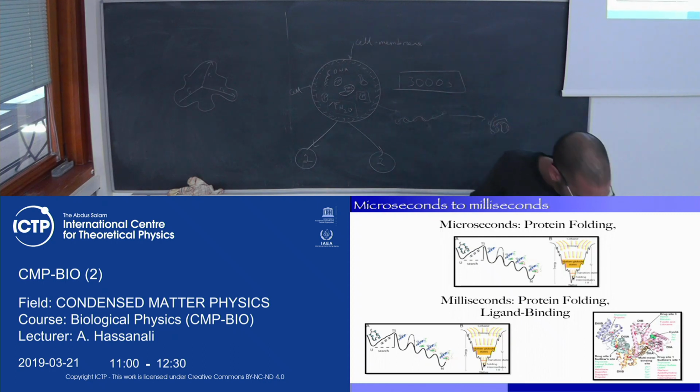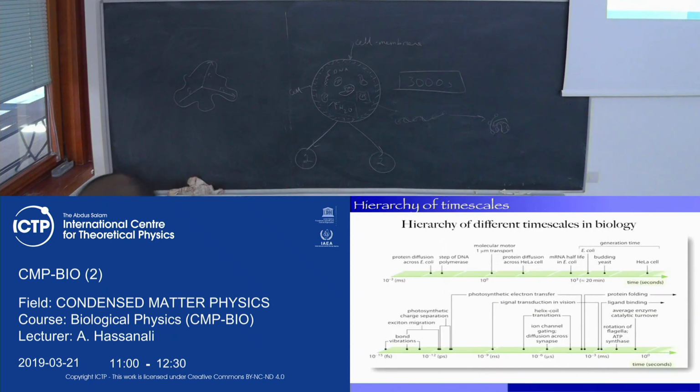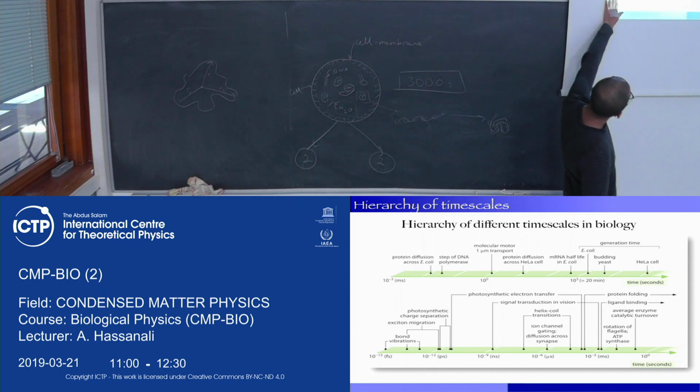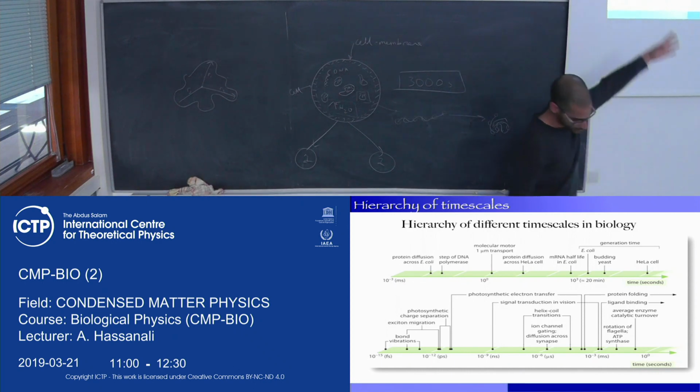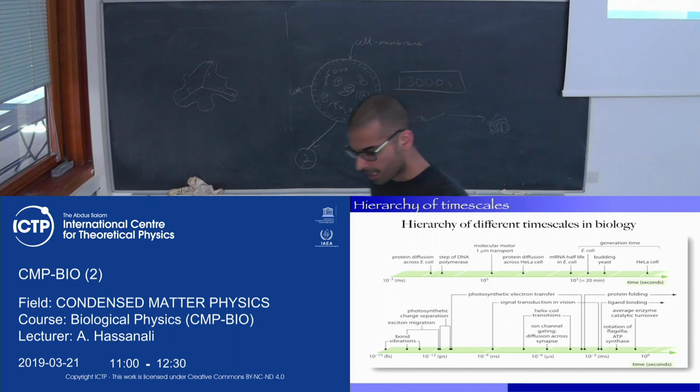Basically this just summarizes all the different time scales in biology. We're going from femtoseconds to seconds, minutes, hours. This is what makes biological problems very interesting and also very challenging.